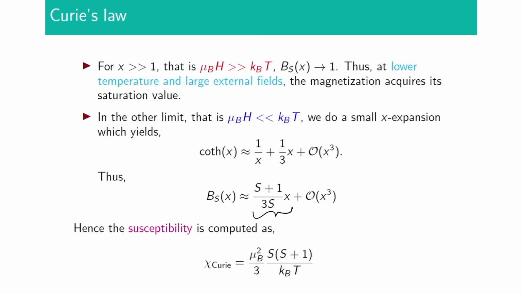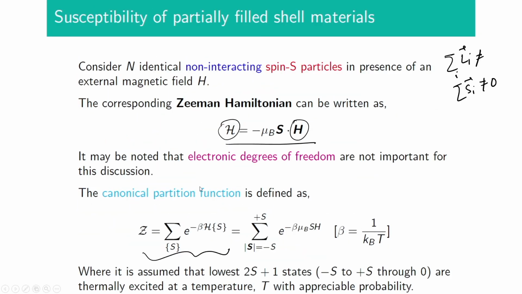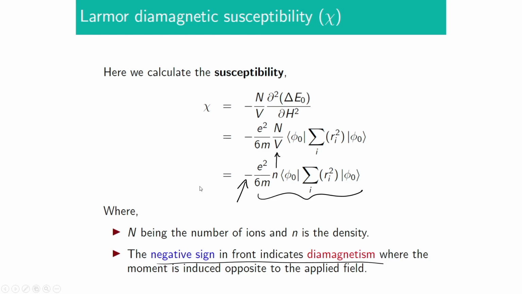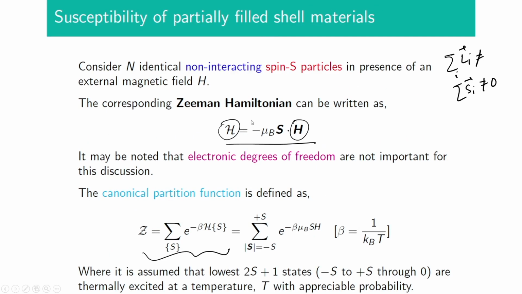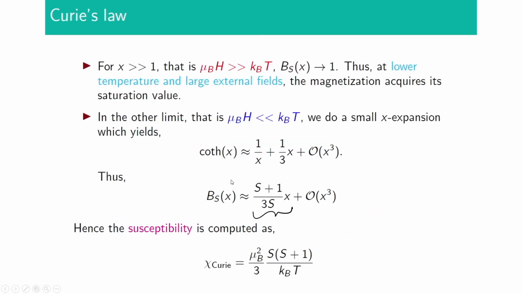That gives you what is known as the Curie susceptibility. When you put it back into the equation for chi, where chi is defined as del M del H, and M is equal to minus del F del H, it acquires a form which goes as 1 over T for a spin S.